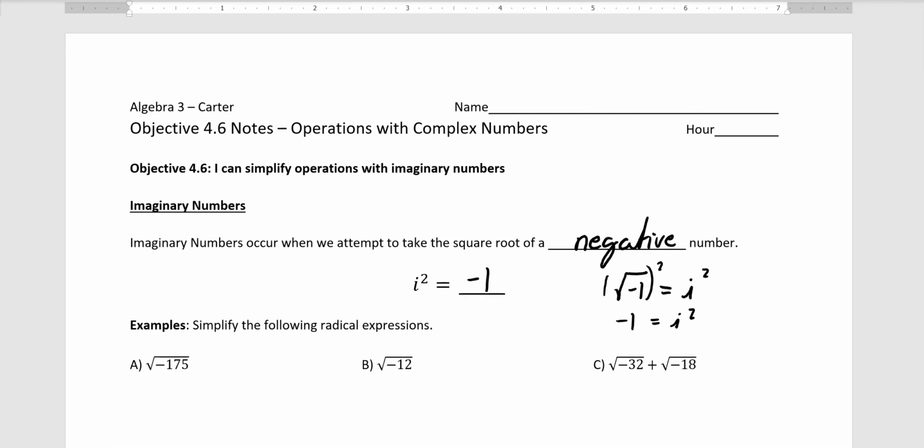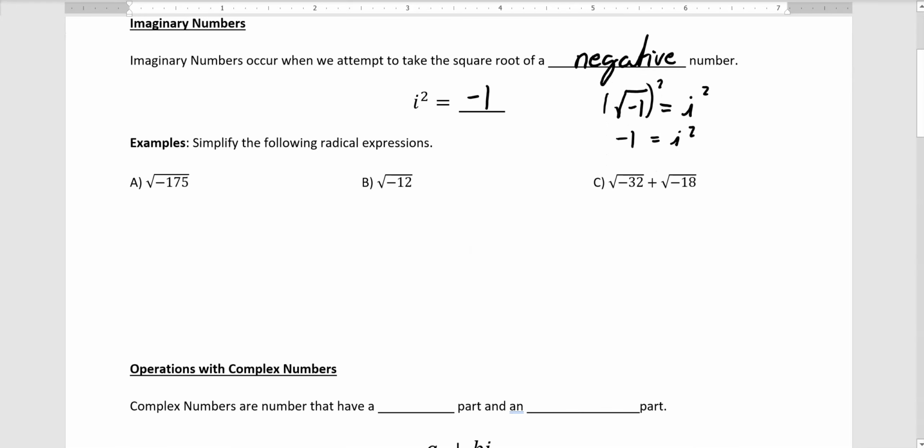Let's start by working with some imaginary numbers, simplifying some square roots. Looking at letter A, the square root of negative 175, I can think of this as negative 1 times 25 times 7.